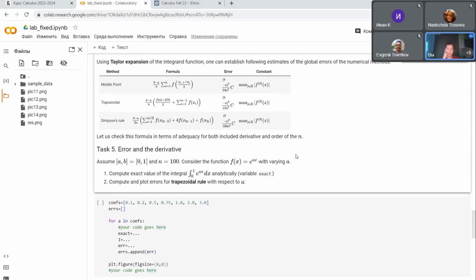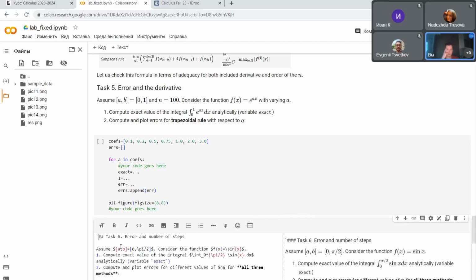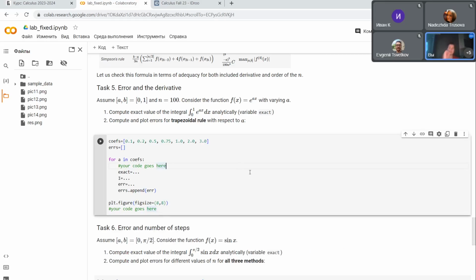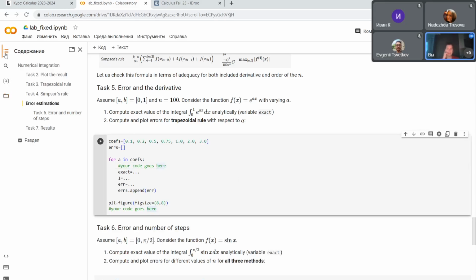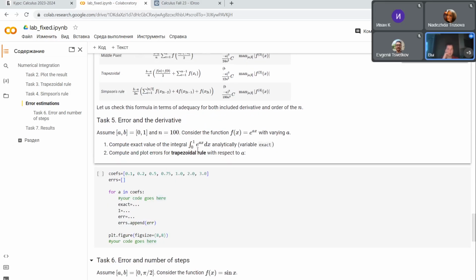Okay, so task number 5 is dedicated to checking the correctness of your computation. As you can see, we can have the following situation.